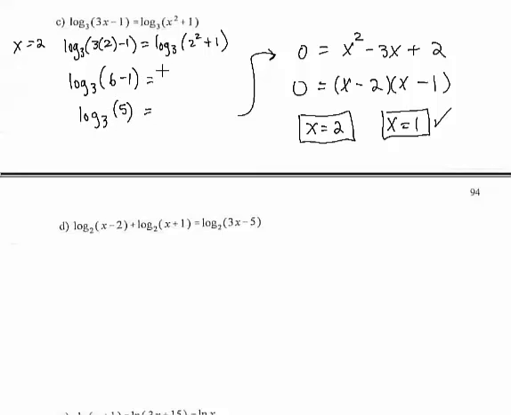On the right we have log base 3 of 2 squared plus 1, 2 squared is 4, and then we end up with 4 plus 1 equals 5, and it's identical to the left hand side, so x equals 2 checks out as well.